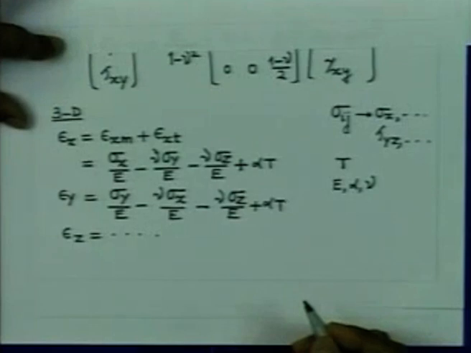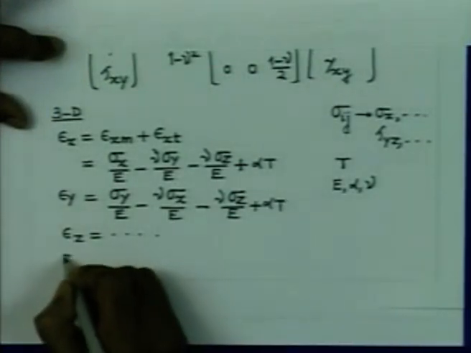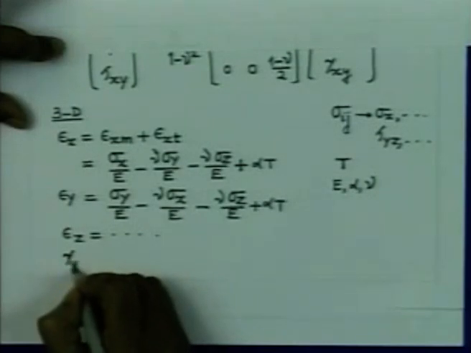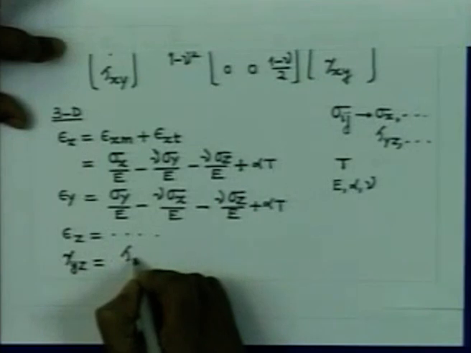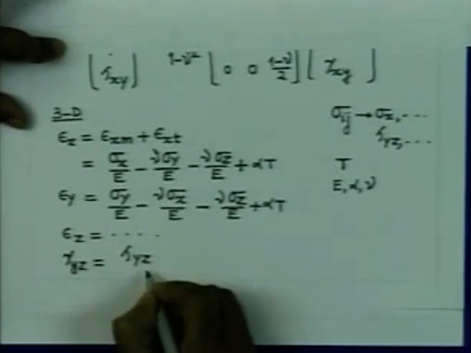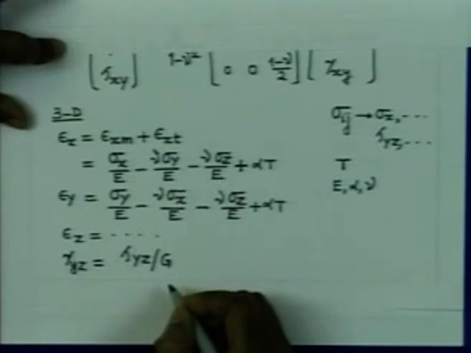So, please fill that up. Now, if we consider the shear strain gamma yz, that is going to be nothing but tau yz by G, and the thermal strain will be 0.